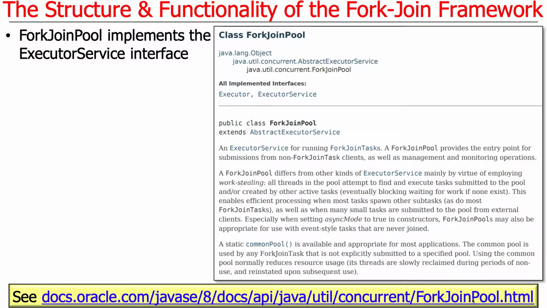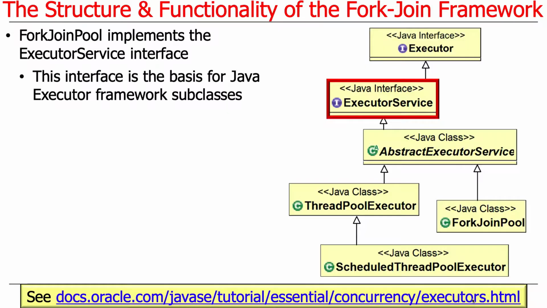So the fork join pool itself is an implementation of some other interface called the executor service interface. And we won't talk a lot about the executor service in this class. It's something we'll cover in a lot more detail in the Spring class.